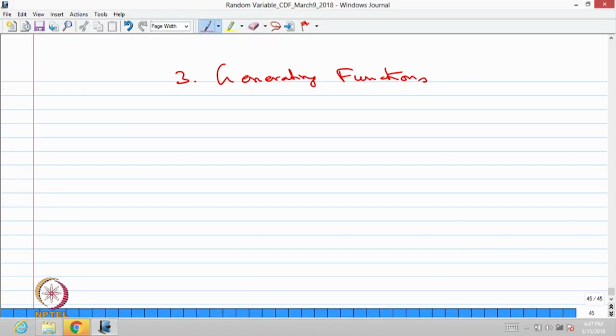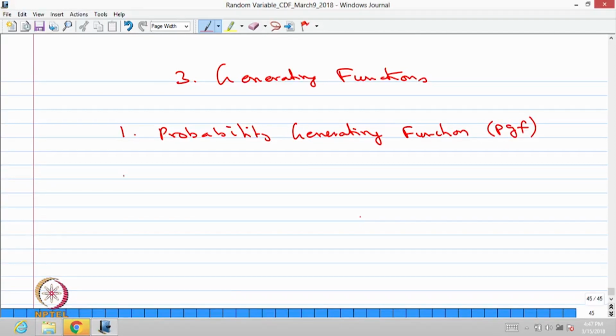In this we are going to discuss probability generating function. In short, it is PGF. The second, we are going to discuss moment generating function, that is MGF.